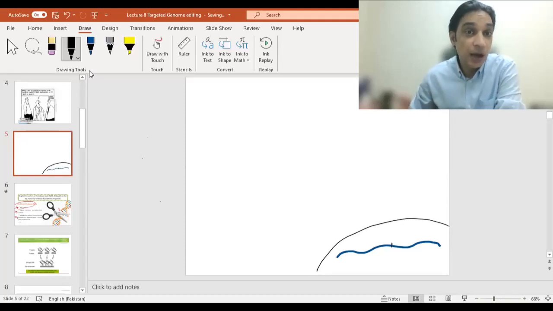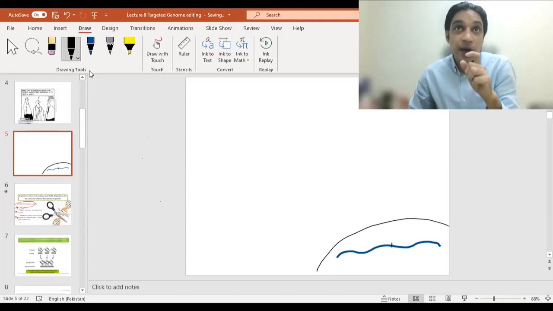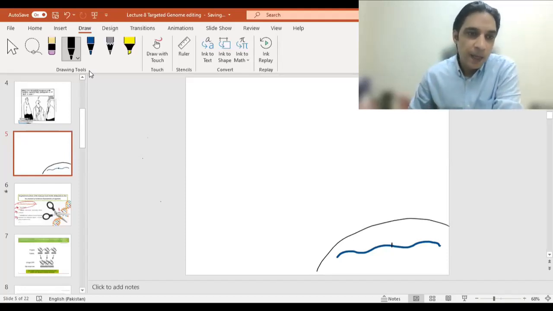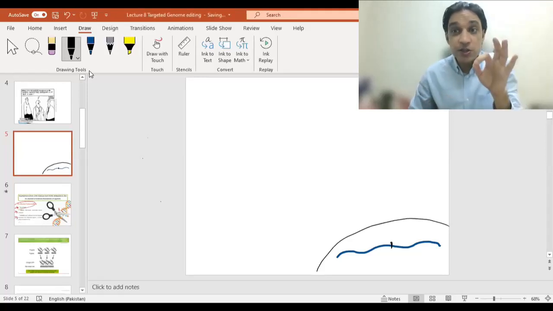And I have already explained this thing that targeting one particular base pair in the genome is quite enormous to imagine. It's very small as compared to the total size of the genome. So we want to make changes here. We want to introduce a gene at the place of our own choice.